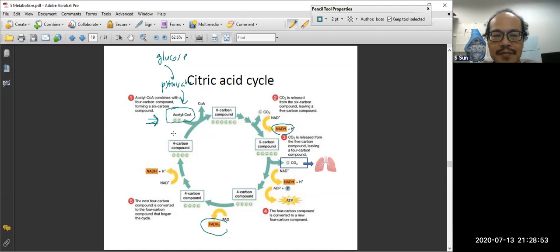So the only thing you need to know is that acetyl-CoA is the entering molecule, and that acetyl-CoA comes from the pyruvate, which comes from the glucose. And this process, glucose to pyruvate, is called glycolysis.